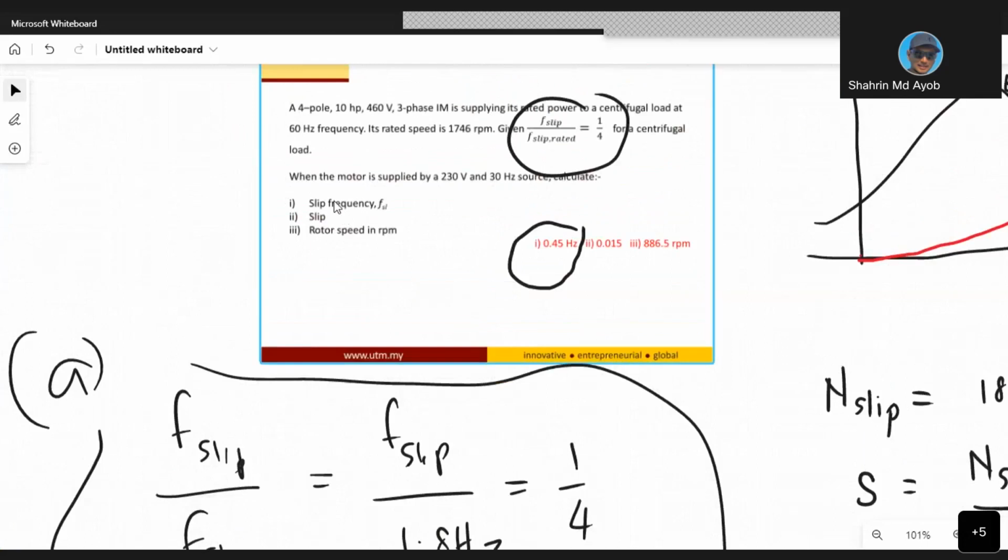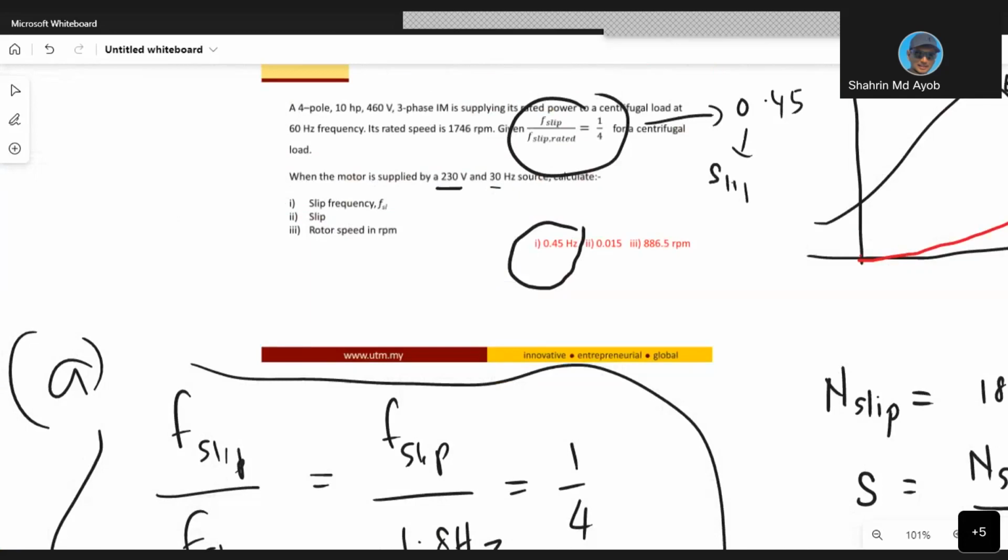And now I want you to obtain what the slip value is. This one, the slip value 0.45, is the slip rated, when your supply is 460 and frequency 60 Hertz. But right now the question is, what is the slip when the frequency is 30 Hertz and the supply is 230? It is different, so you should get a different slip. So how to obtain the slip? S.